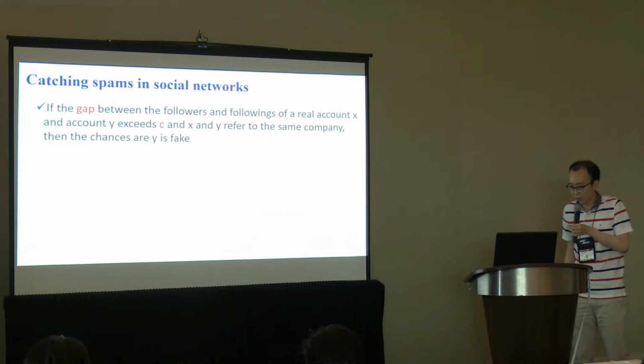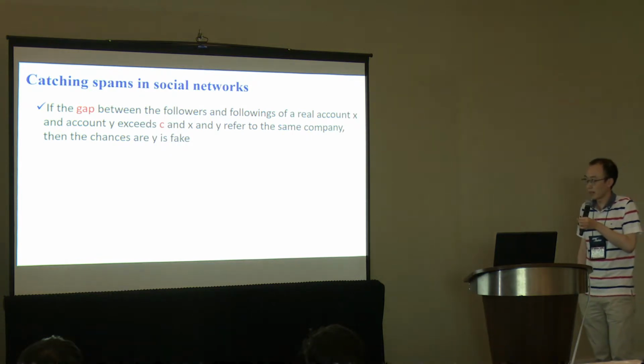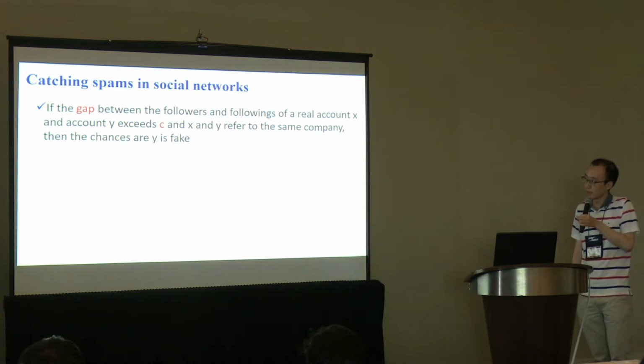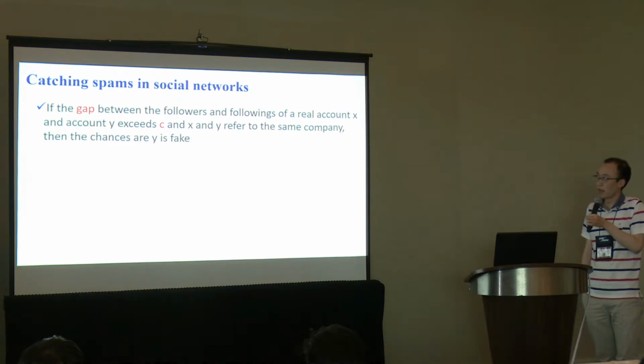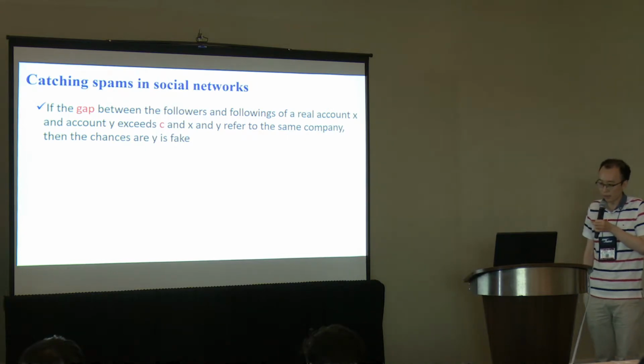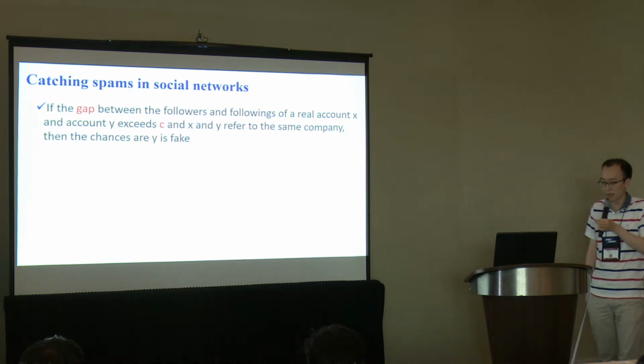Apart from catching inconsistencies, NGDs also facilitate spam detection in social networks. To decide whether an account Y is fake or not, we really need to check the gap between the number of followers and the followings of a real account X and account Y. So consequently, arithmetic calculations and comparisons must be conducted.